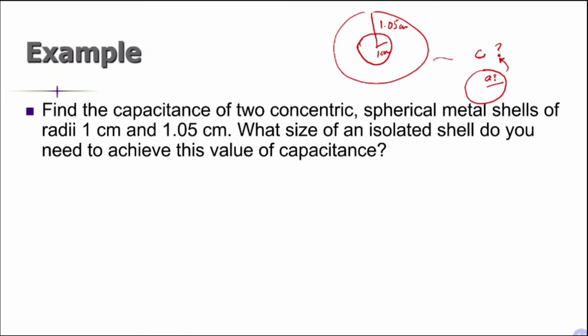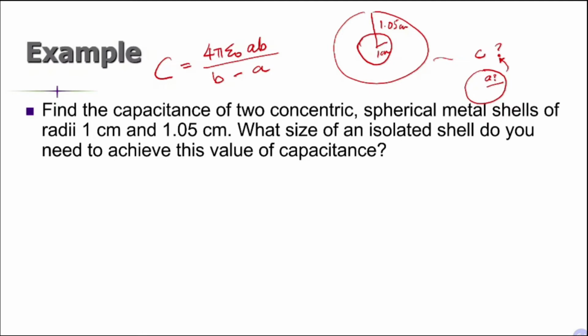What's the equation? C equals 4 pi epsilon naught AB over B minus A. So this equation is only for a spherical metal shell. Okay, it's not for all conductors.